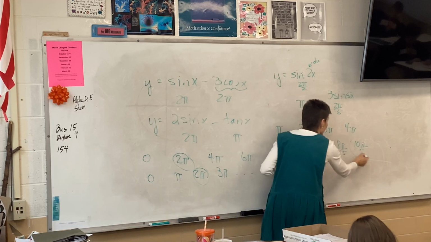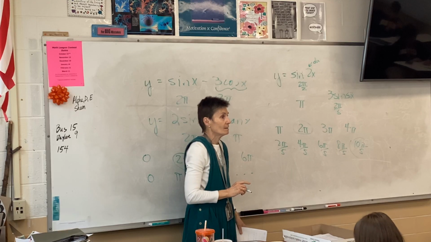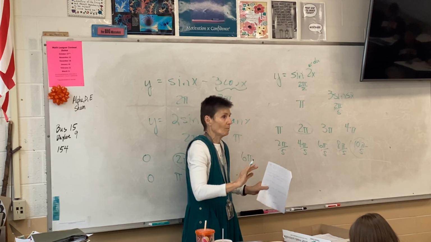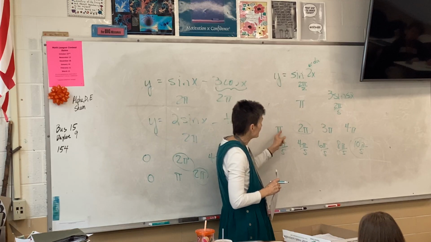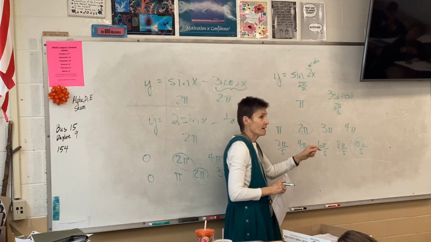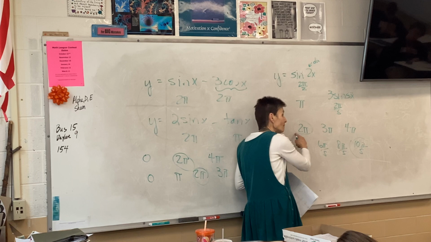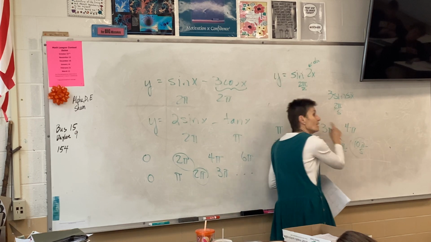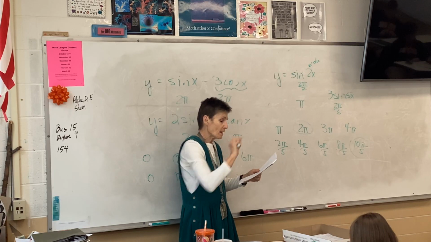There I got a match, right? That's my first match. The period will not always be 2 pi. It often is, but it won't always be. What you have to do is look at each individual period, and the first time they both start over at the same place. So this is starting over at 2 pi, this is starting over at 2 pi. That is the period. Okay, so you try D.